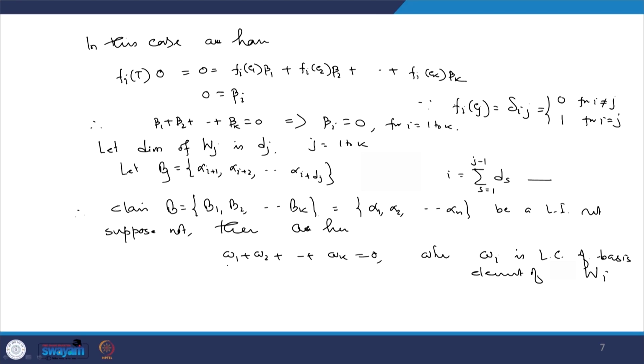Now, if w1 plus w2 plus wk equal to 0, according to our last results we have wi equal to 0 for i equal to 1 to k.